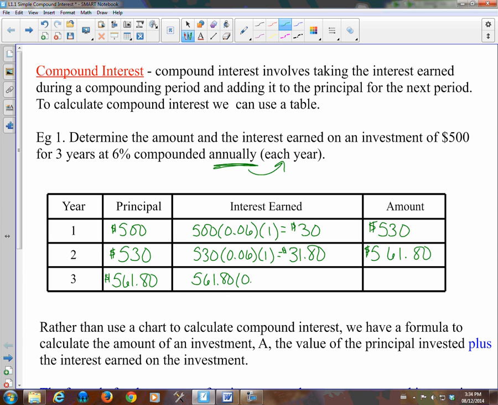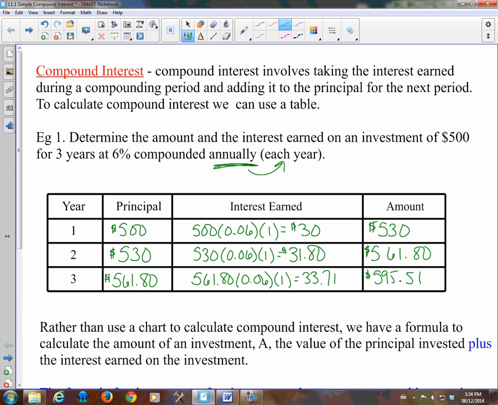561.80 times my interest for 1 year means I will have $33.71 worth of interest. So altogether, I will have the $561.80 plus my interest, and I will have $595.51 altogether.